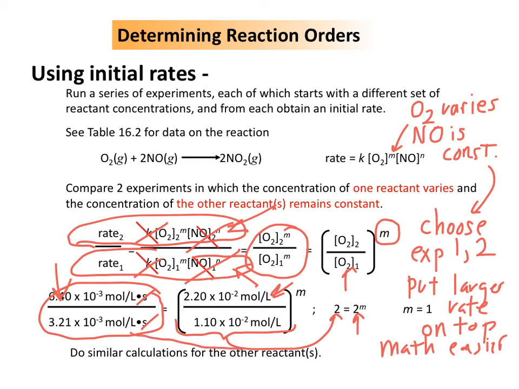This is this 2 right here, and that's this 2 right here. So 2 equals 2 to the m, or m equals 1. So now we know that m is equal to 1. We have to do the same thing for the other reactant, which is nitrogen monoxide, and we'll do this from scratch on the next slide.